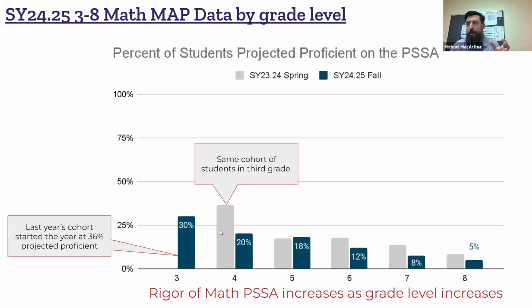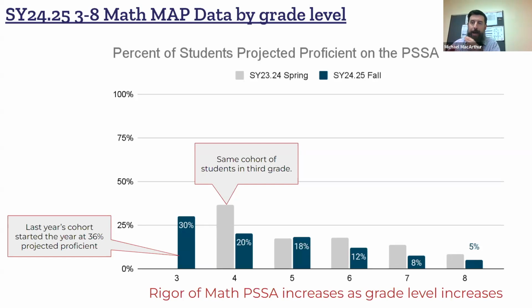You'll notice that as grade level increases, projected proficiency decreases. Now, this could be alarming because you might say to yourself, oh, wow, this must mean that we are struggling to teach math, and the older kids get, the more and more we're struggling to teach math. That is not what this data is telling us.